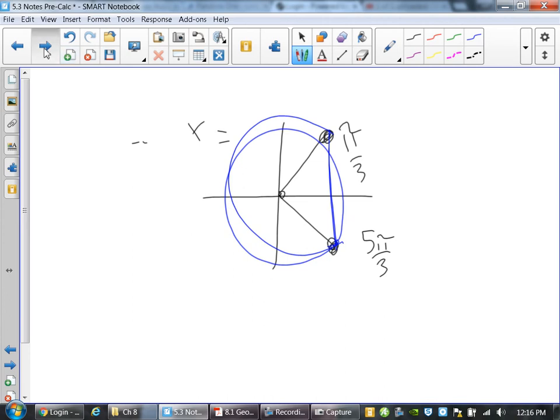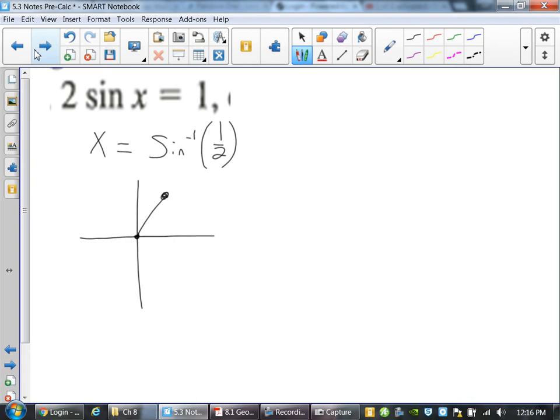Anyway, if we look at it in terms of sine, sine is positive in quadrants 1 and 2. So this is your pi over 6. And what is it in the second quadrant in terms of radians? Pi over 6. What's pi over 6 less than a whole pi? 5 pi over 6.